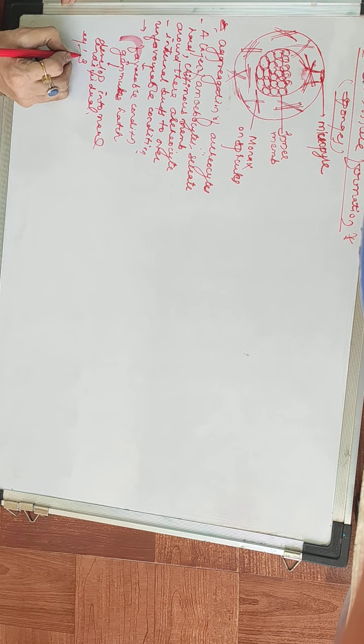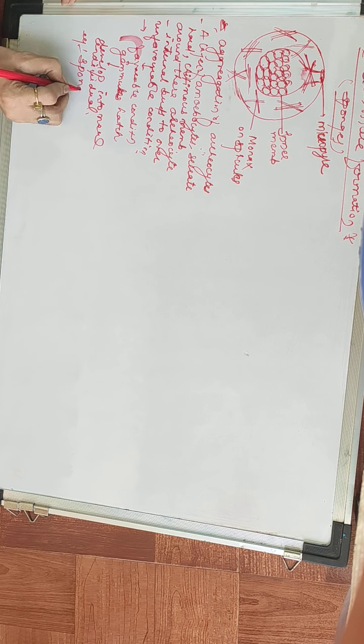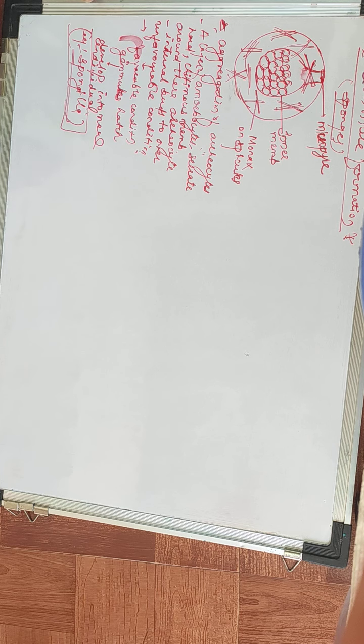A special example of sponges is Spongilla. This is the best example of a sponge. This is called gemmule formation.